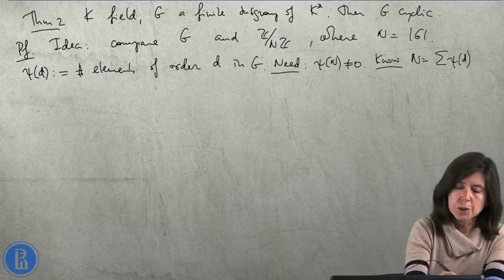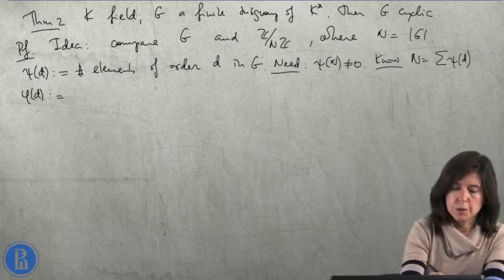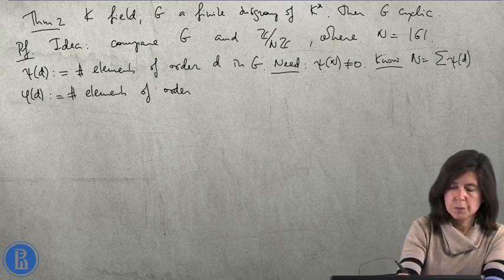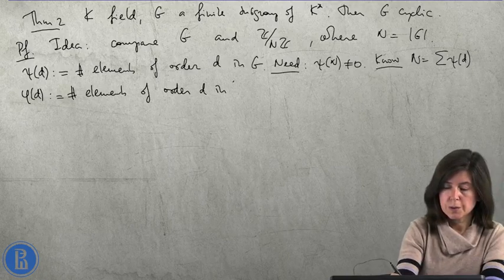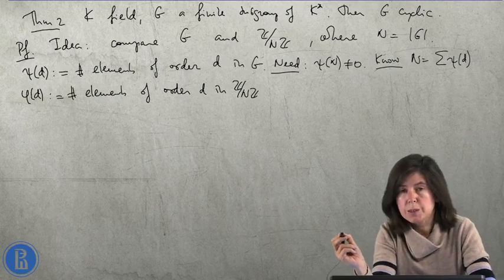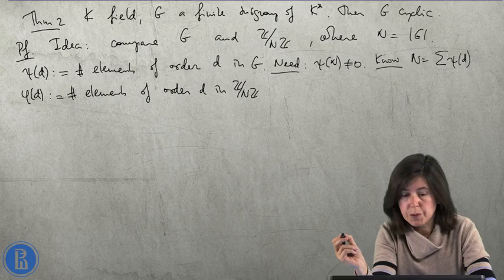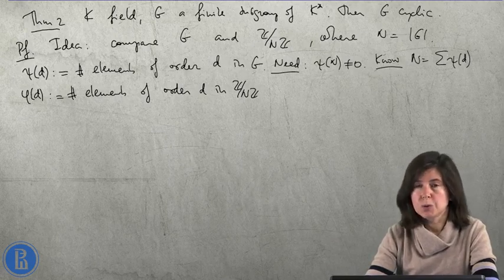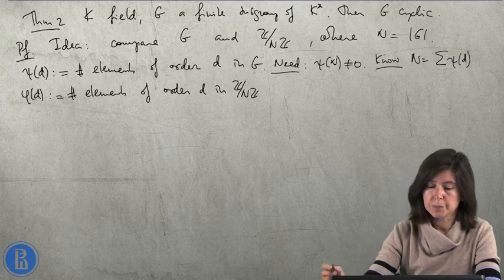And let me denote phi of d the number of elements of order d in Z over nZ. But Z over nZ is a cyclic group, and it contains a single subgroup of order d, which is itself cyclic.